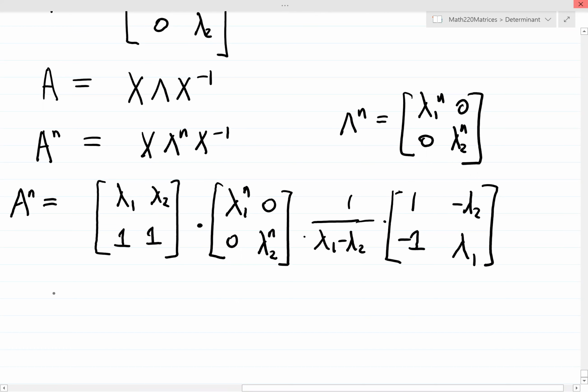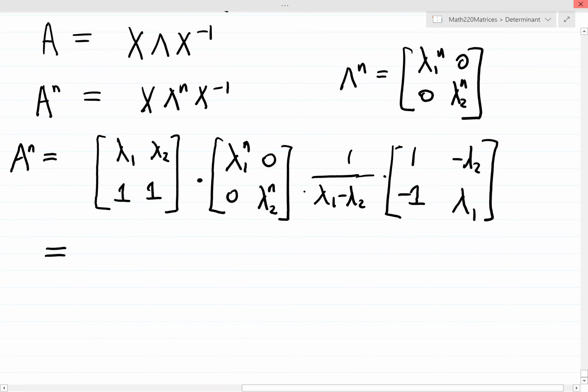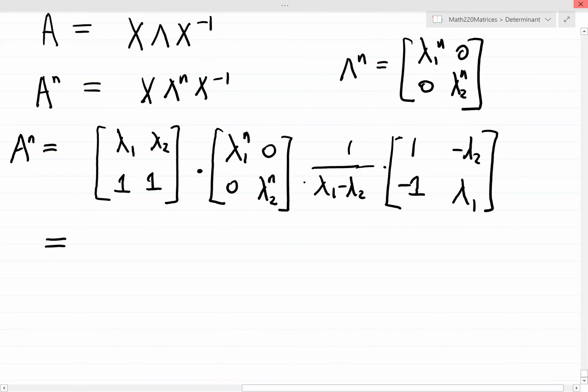Matrix multiplication: first multiply the first two matrices, row times column. The first entry is the first row times the first column: lambda 1 times lambda 1 to the power n, so lambda 1 to the power n plus 1.